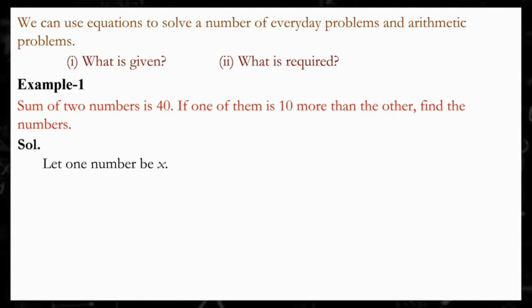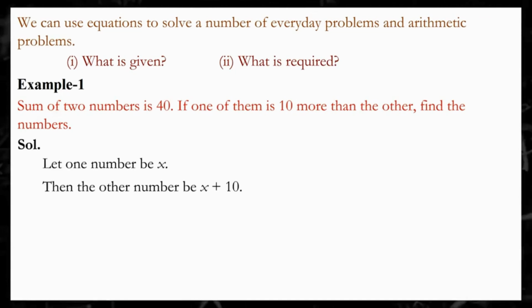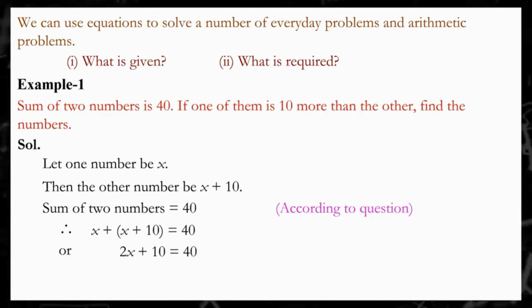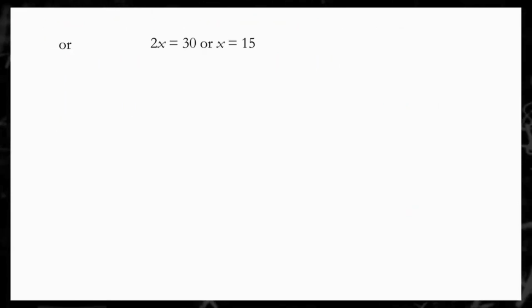If one of them is 10 more than the other, find the numbers. Solution. Let one number be x, then the other number is x plus 10. Sum of two numbers is equal to 40 according to the question. Therefore, x plus (x plus 10) is equal to 40, or 2x plus 10 is equal to 40, or 2x is equal to 30, or x is equal to 15.